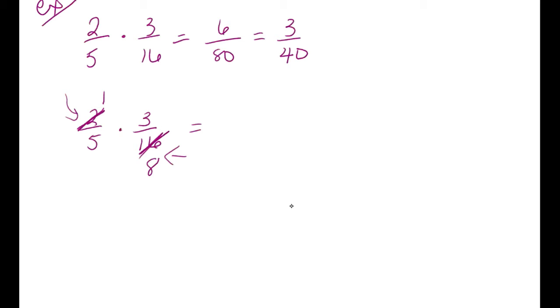Now when I multiply straight across, I would get 1 times 3, which is 3, and then 5 times 8, which is 40. And now my answer is in lowest form. So when you divide with the cross products before you multiply the fractions, it actually saves you from having to reduce at the end.